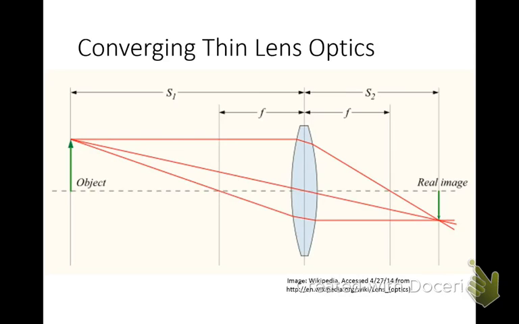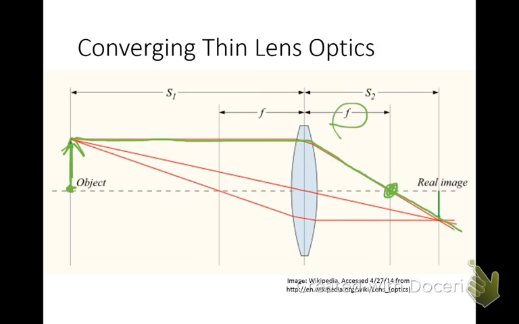Meanwhile, you've got an object, let's say its base is right on the principal axis, and it has a certain height. From the tip of that arrow up at the very top, you will have one ray that comes off the arrow, hits the lens, and refracts and passes through the focal point.